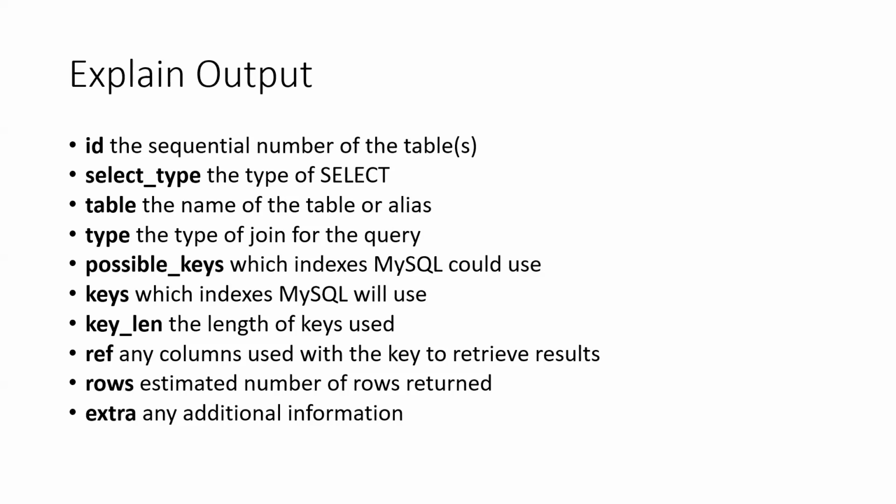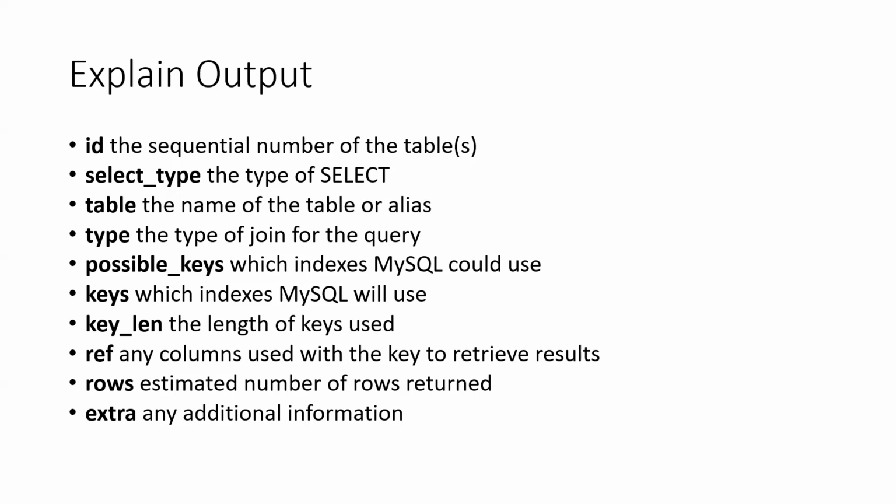Right. Now, these are the typical outputs you will get from explain. So when you use explain, you will have an ID, select type, table, type, possible keys, key, key length, ref, rows, and extra. So the ID is the sequential number of the table. Select type is the type of select we use. Table is the name of the table, or the alias if you are using one. Type is the type of the join for the query.